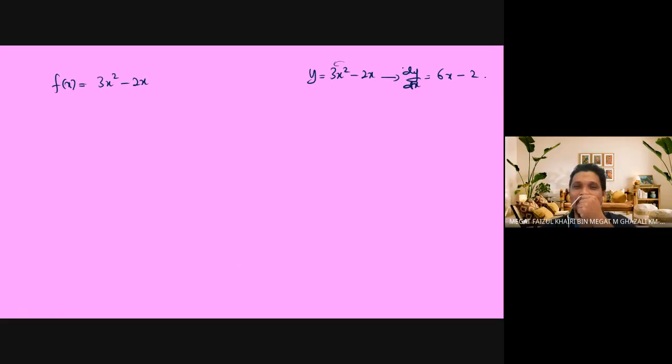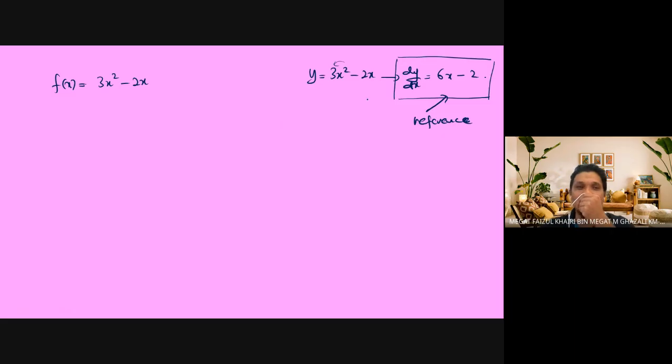Okay. Is this finding dy/dx using first principle? No. Okay, good. This is only for reference. If this question using first principle appears in your exercise or pre-examination or real examination, you don't find dy/dx first. This is not the technique that we want. This is just for reference, rujukan sahaja.